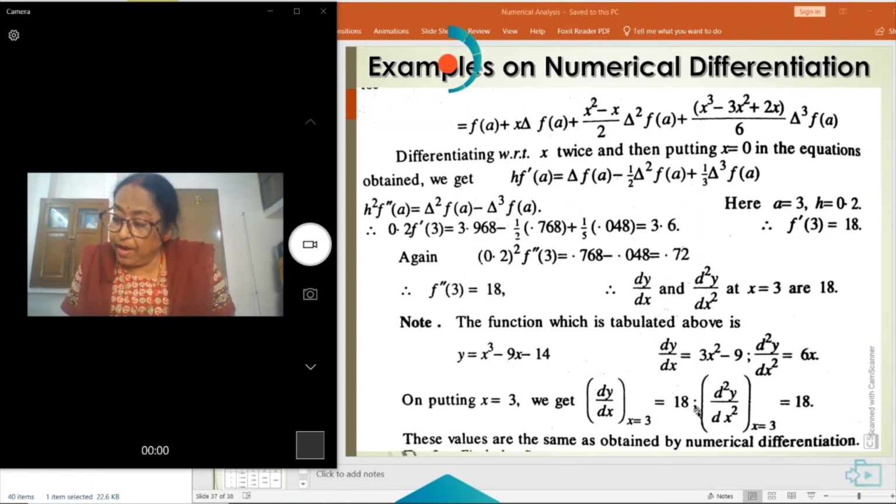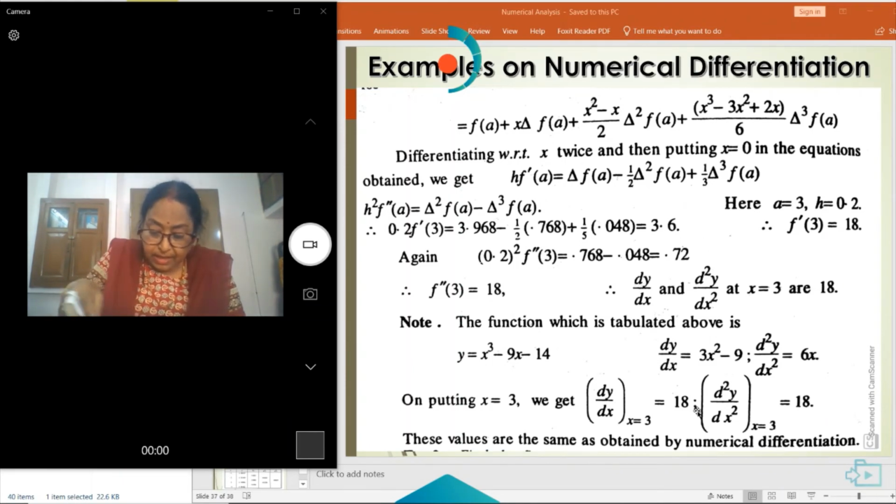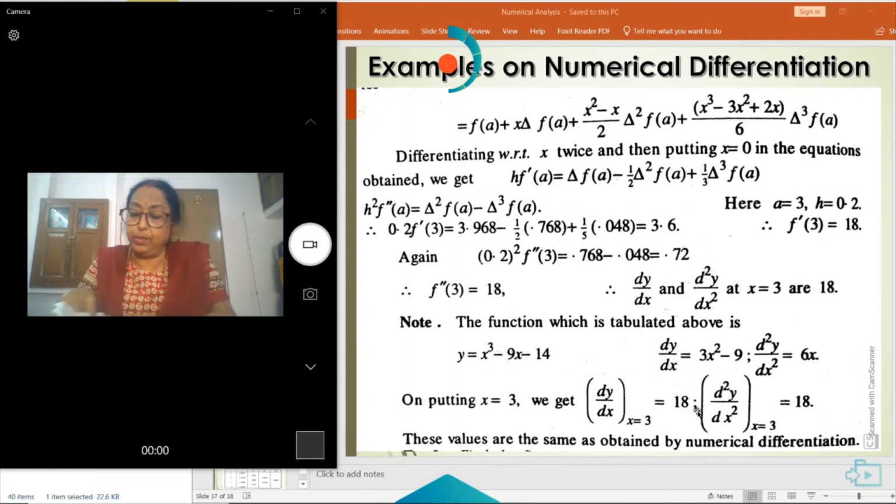Now, we are to find the value of f dash 1.1. For this, x is equal to half, and we know h is here equal to 0.2. So we take h is equal to 0.2.